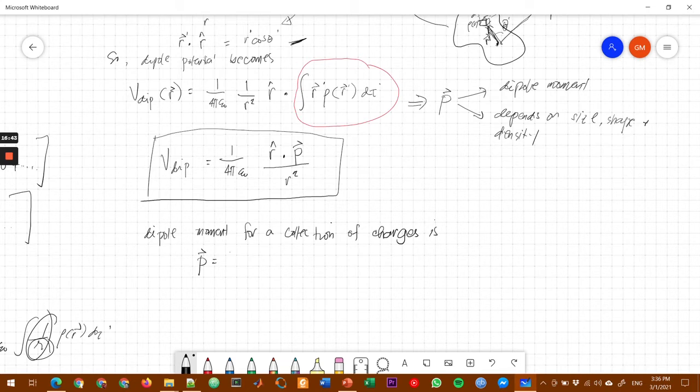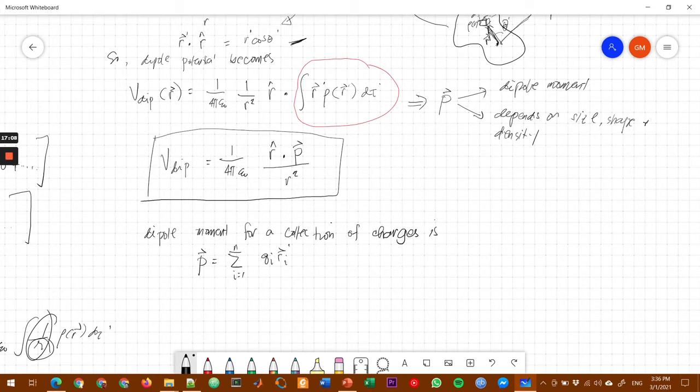So that would be given by this, where i runs from 1 up to, let's say, n. That would just be your charge. Instead of rho or sigma or lambda, these are point charges, so discrete. So we have q sub i times the distance r prime i. Okay?